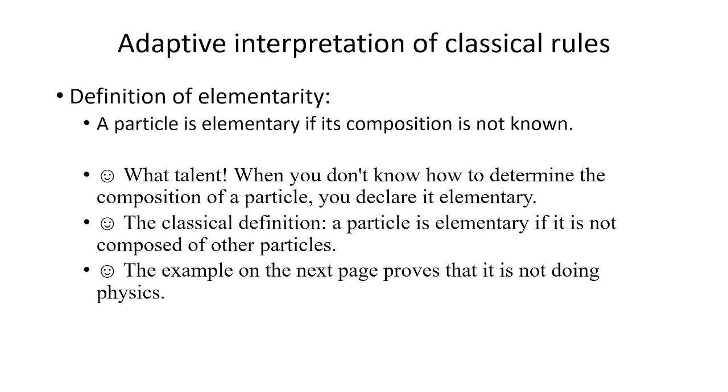When you don't know how to determine the composition of a particle, you declare it elementary. The classical definition is a particle is elementary if it is not composed of other particles. The example on the next page proves that it is not doing physics.